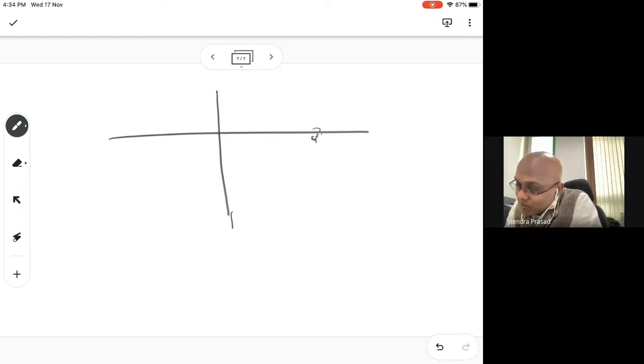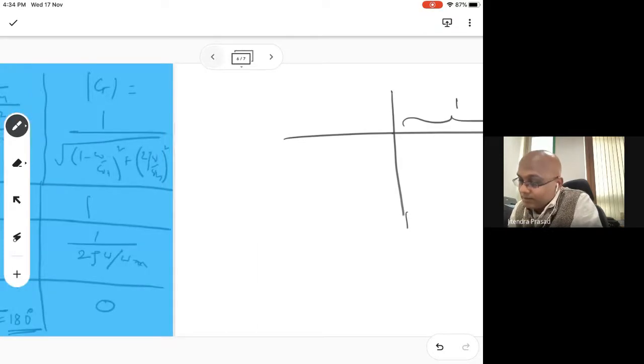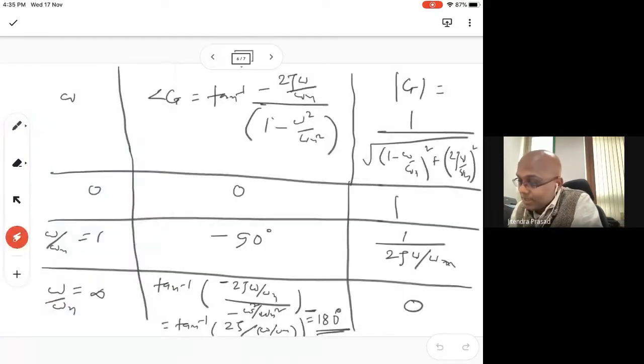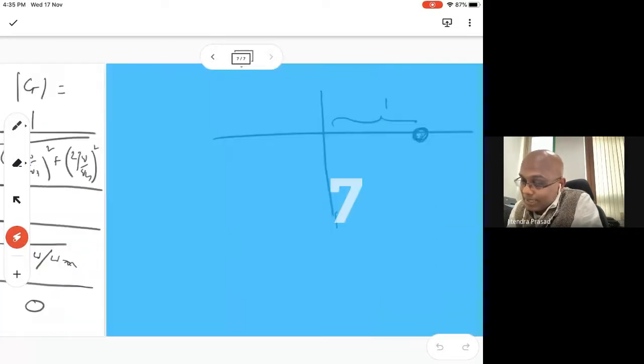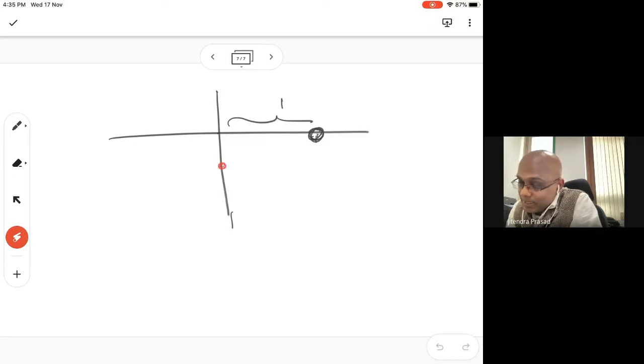The first point is 0, so the angle is 0 and the value is 1. Second is minus 90 degrees, so the second point is here because the angle is minus 90 degrees.